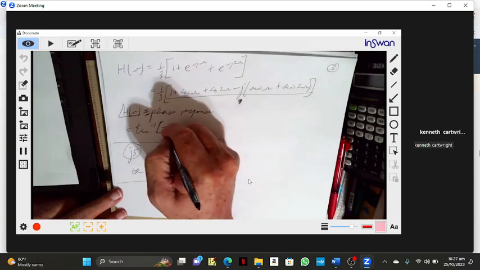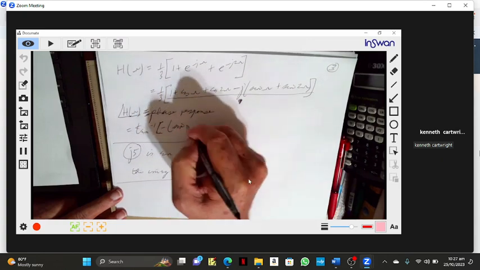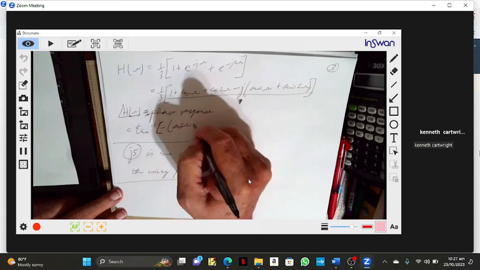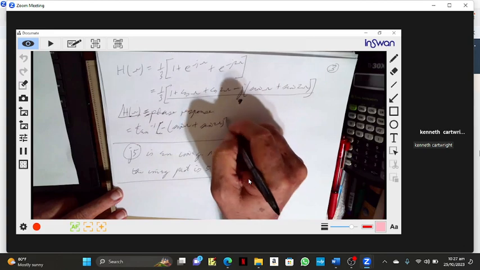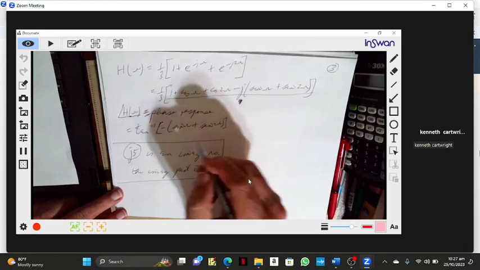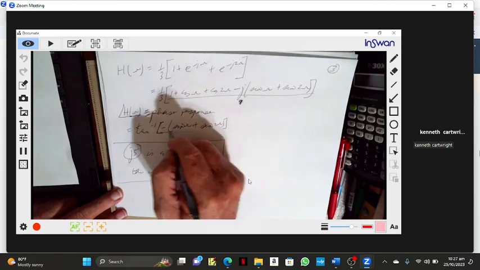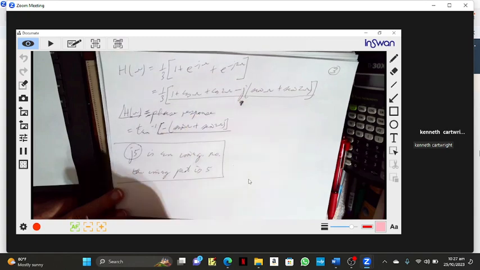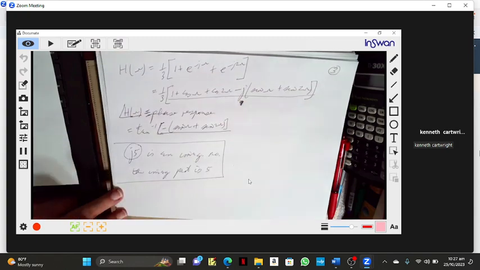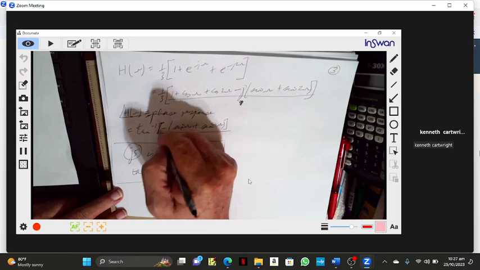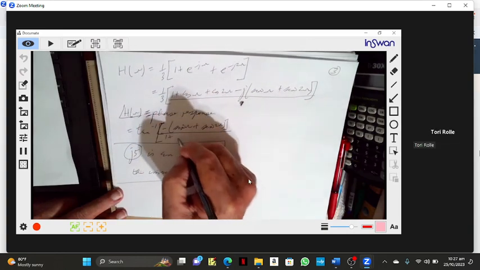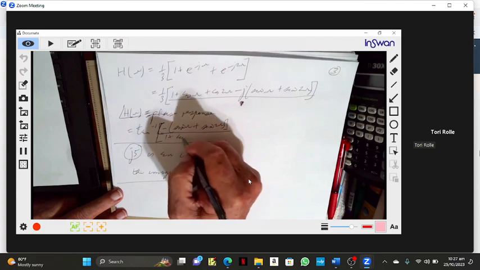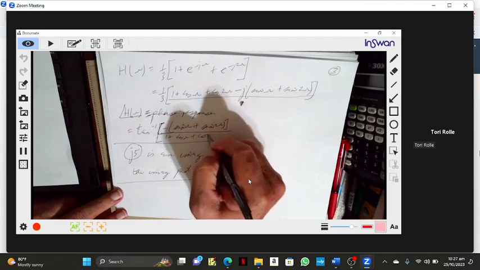The imaginary part is negative sine omega plus sine 2 omega. What's the real part? 1 plus cosine omega plus cosine 2 omega.